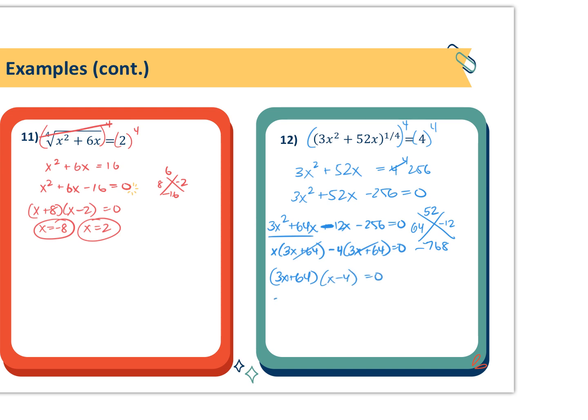And again, I'm going to solve. So 3x plus 64 equals 0. 3x equals negative 64. X equals negative 64 divided by 3. And over here, x minus 4 equals 0. X equals 4. And so these are my two solutions, which I've checked off camera, and both are valid.